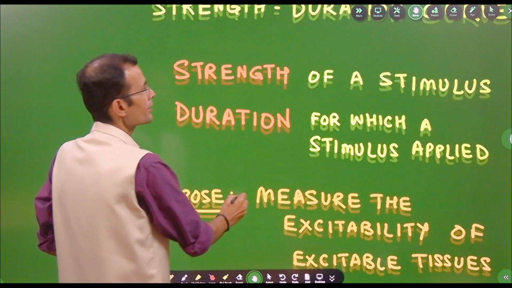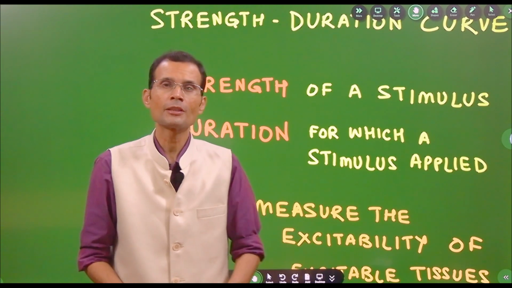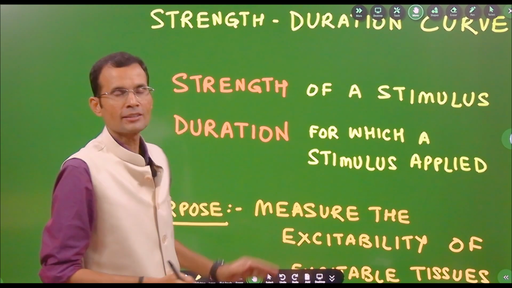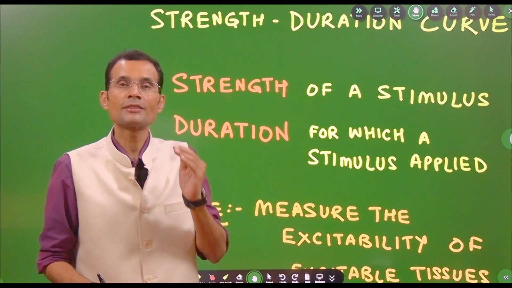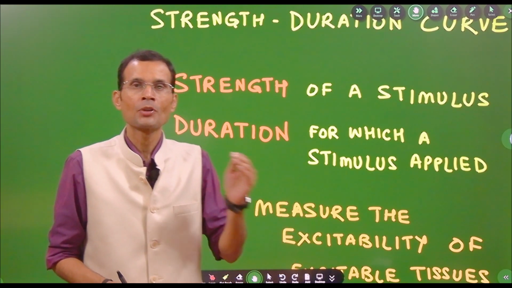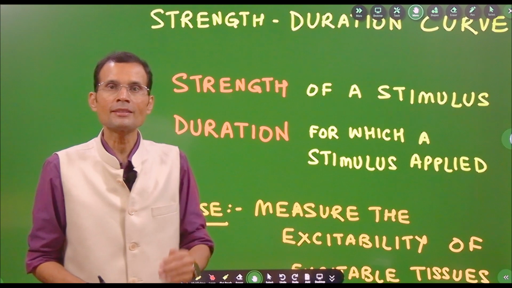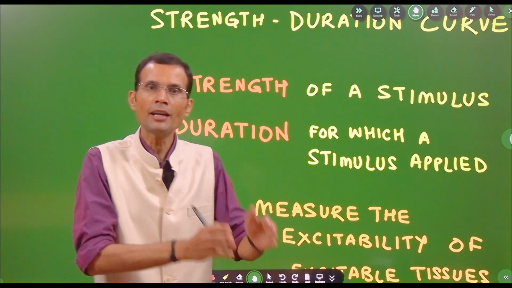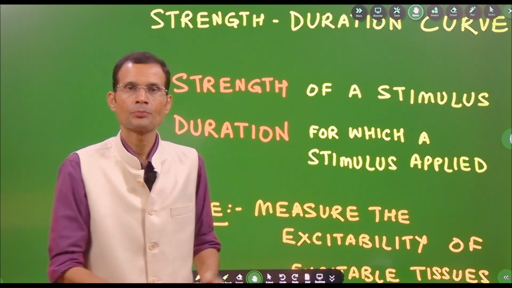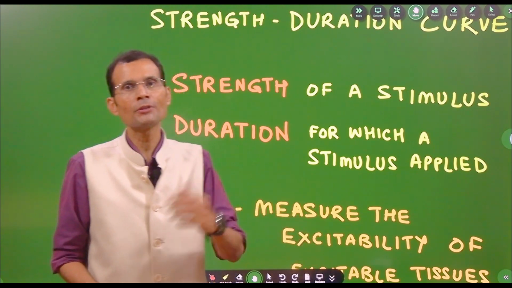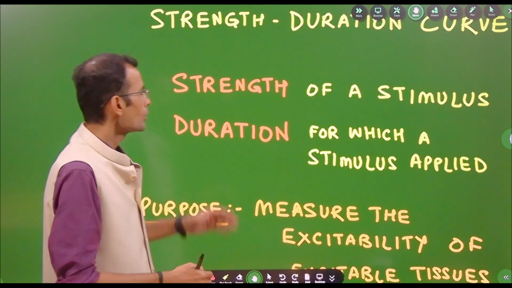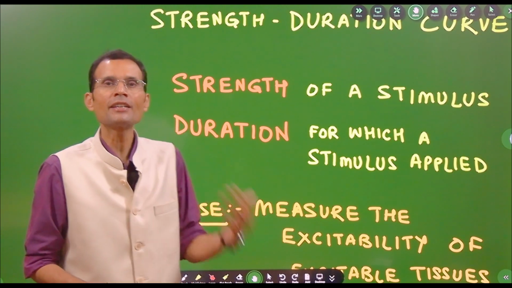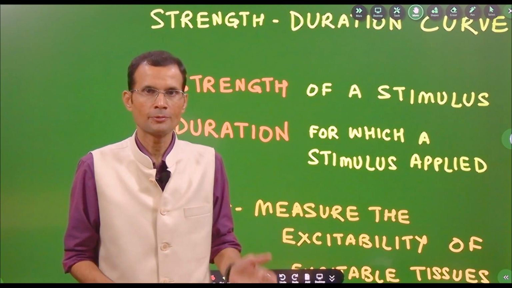There are two terms, one strength and two duration. What is strength? Strength of a stimulus. So we are going to apply stimulus or stimuli of different strengths. Strength, or we will call it intensity, it's used interchangeably. So stimuli of different intensities will be applied.